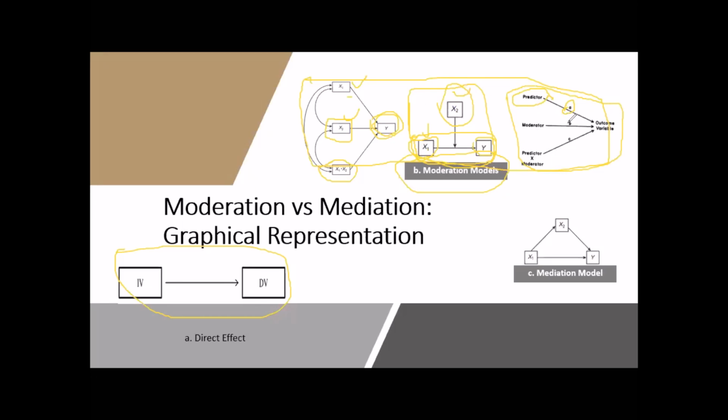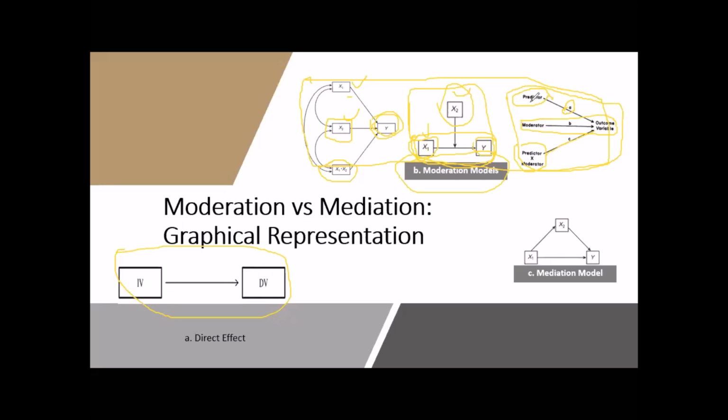Then there is path B, which represents the relationship between the moderator and the outcome variable. And the interaction between the predictor and the moderator is represented by path C. So if we draw the equations, we have to draw three different equations.